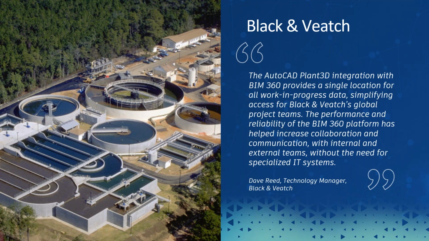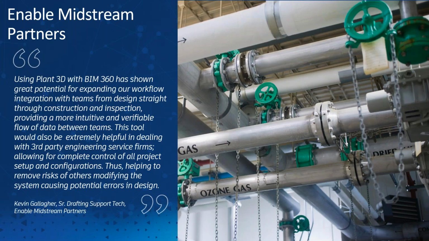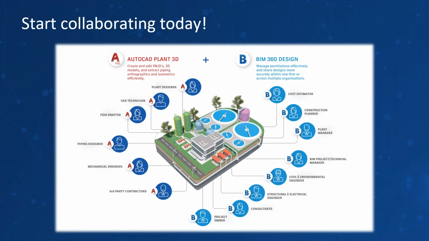They are using their in-progress data and project information to achieve a higher level of communication between the external and the internal stakeholders. One more example, again with BIM 360 and Plant 3D, where customers are using these facilities to communicate with third party engineering service firms. So that was all about Plant 3D and, sorry, BIM 360.